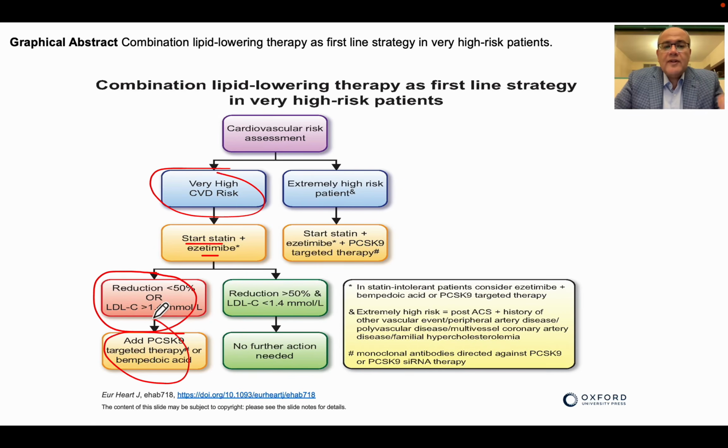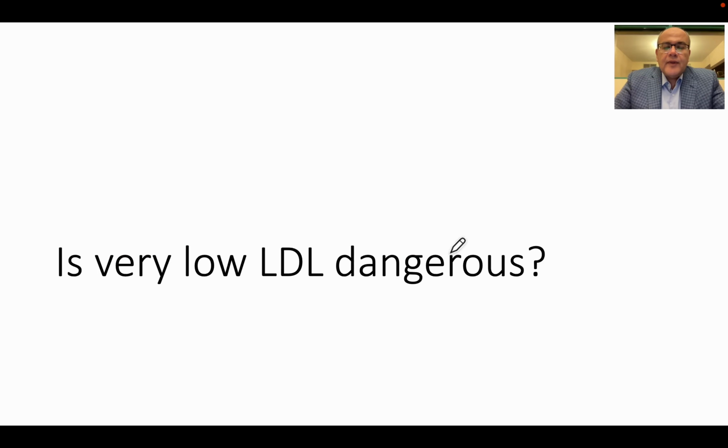If they reduced more than 50% and reached an LDL less than 1.4, this is well and good. And there will be another extreme high risk group, like those with multi-vessel disease, those with peripheral arterial disease, those with more than 2 myocardial infarctions, where we may start combining statin, ezetimibe, and PCSK9 inhibitors early on in the course of the disease.